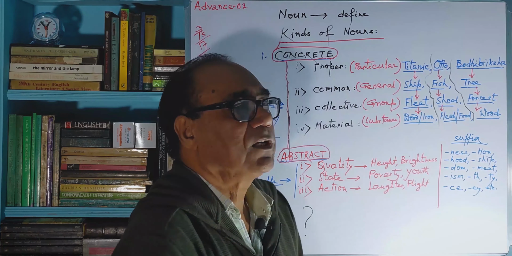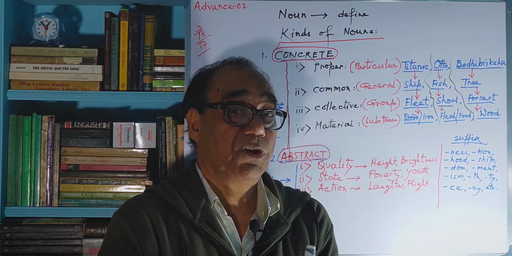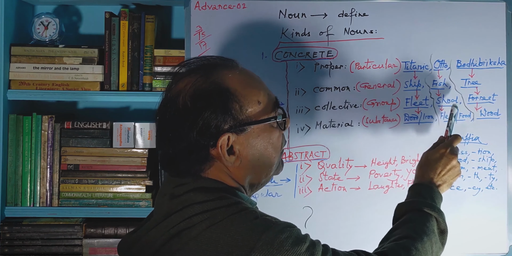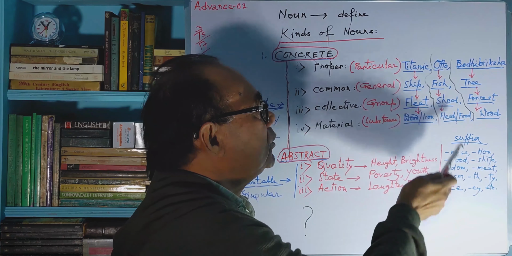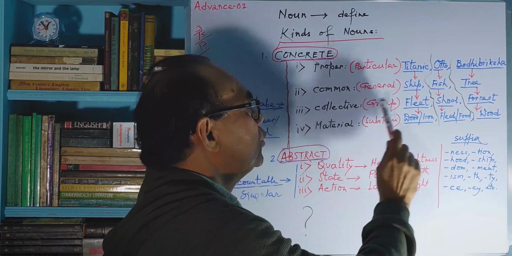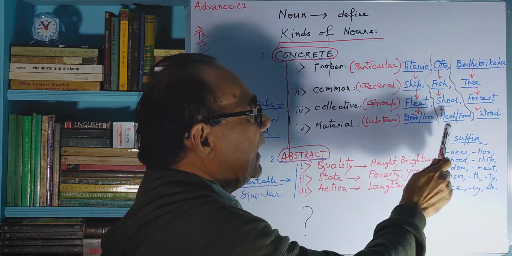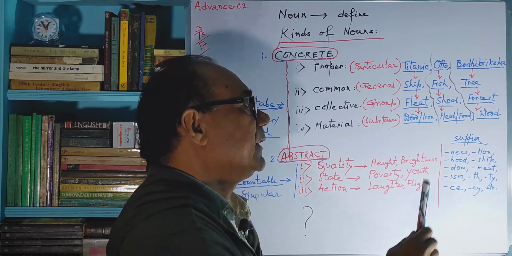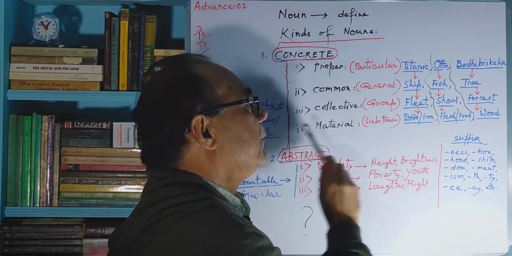And material noun, the flesh part of a fish that we eat. That is flesh, and that is also called fish. So Otto is a proper noun, fish is a common noun, shoal is a collective noun, and the flesh part of fish that is used as food is a material noun.